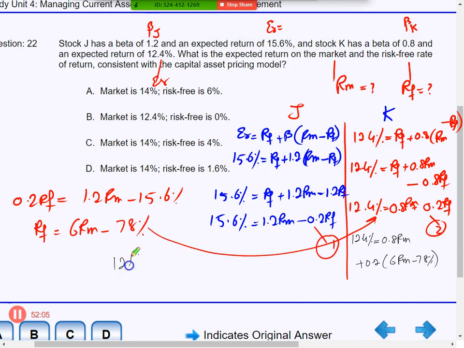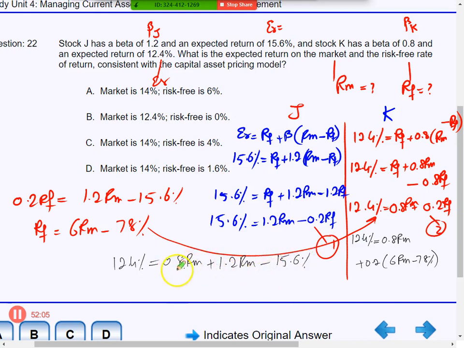So 12.4% is equal to 0.8 RM. 0.2 times 6 RM gives you 1.2 RM. And 0.2 into 78% gives you 15.6%.